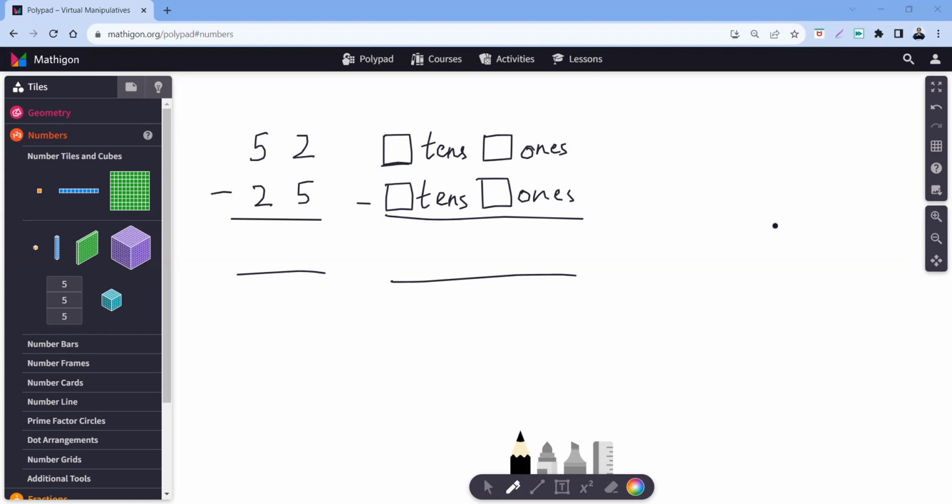Now, today we have a problem here saying 52 minus 25. Before we go into knowing how to do this, let's make a story of this. Let's say you have 52 biscuits, and some guests came to your house, and you are giving them biscuits.